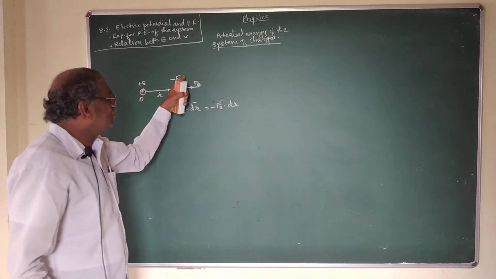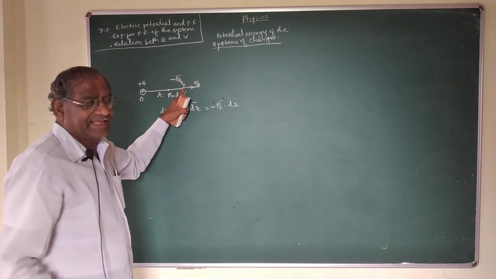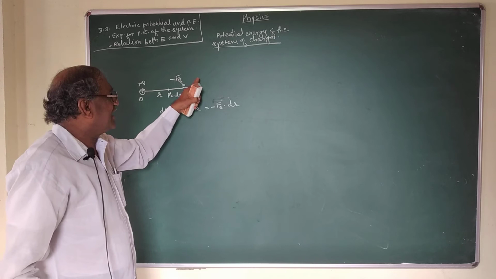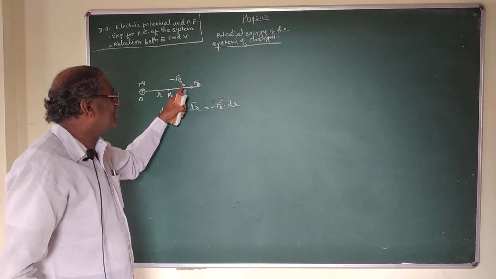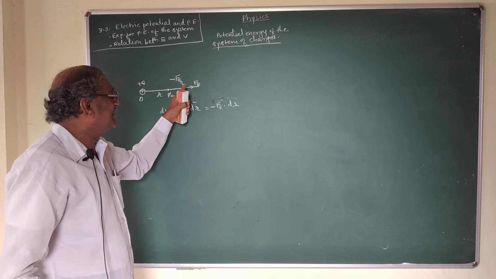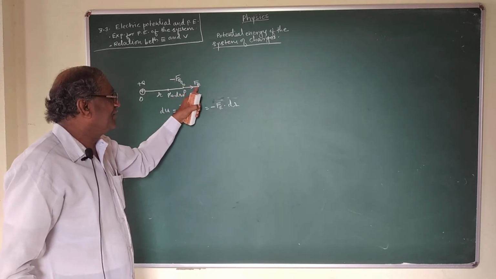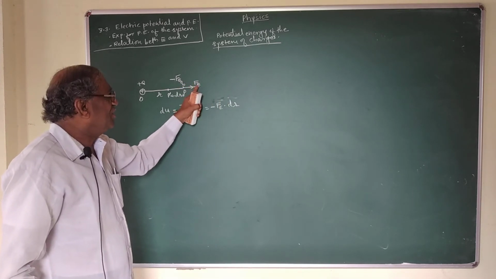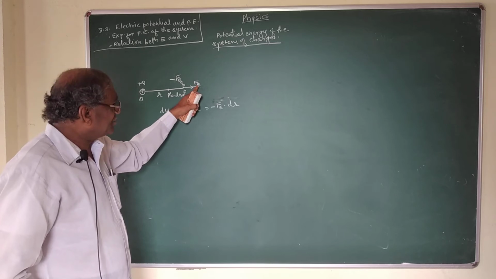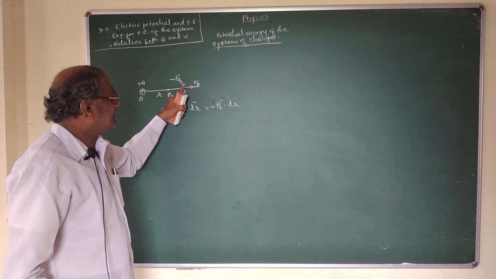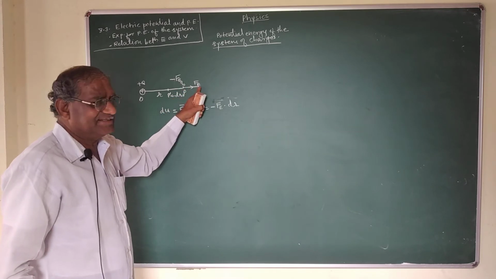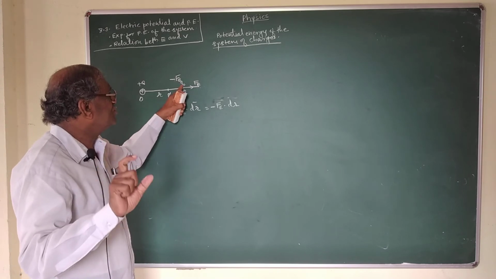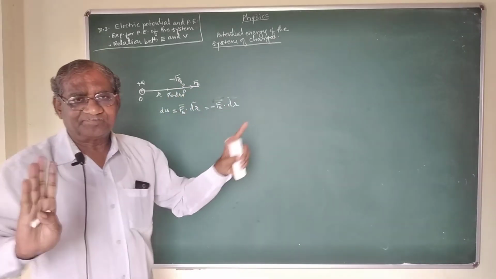So this q0 charge at point P experiences a force whose direction is always away from the point and along this straight line. Because of this electrostatic force, q0 charge has a tendency to move away from the point P. It means that this q0 charge at point P is not free from this force.